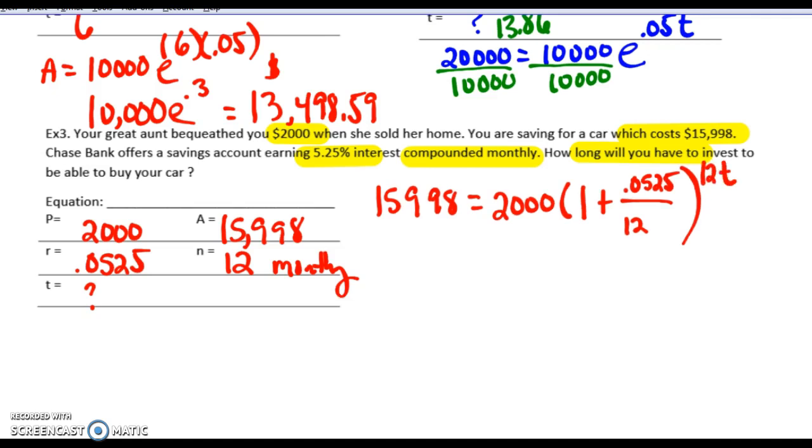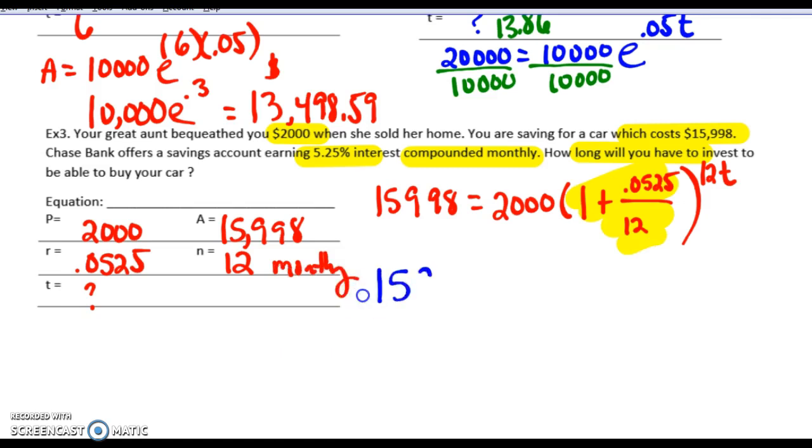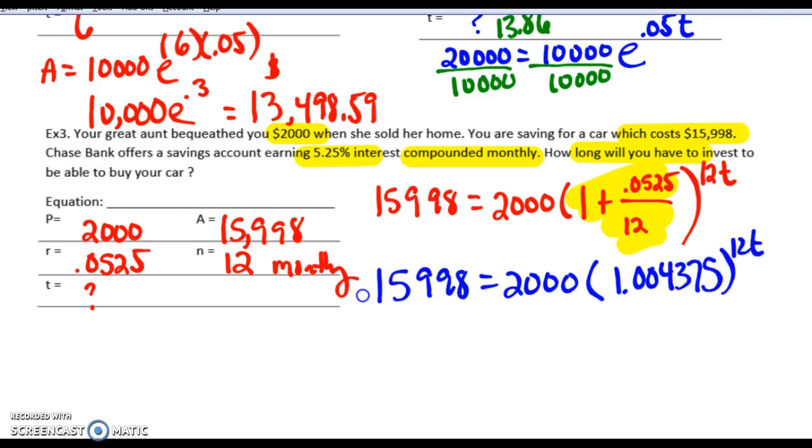So what I'd like you to do is figure out what this value is going to be in your calculator first. It helps eliminate error. So 15,998 equals $2,000 times, I got 1.004375 to the 12t.